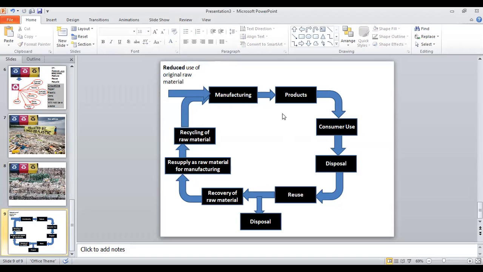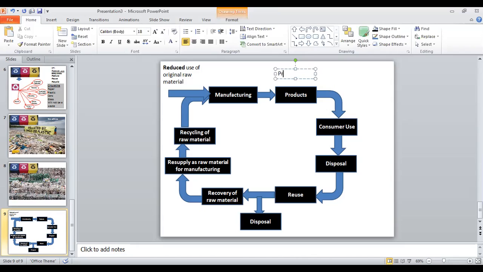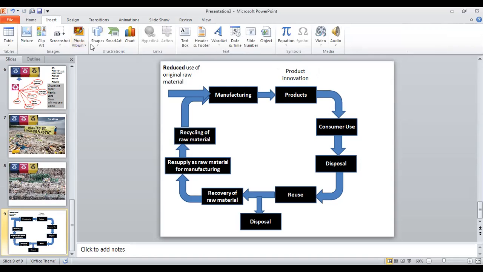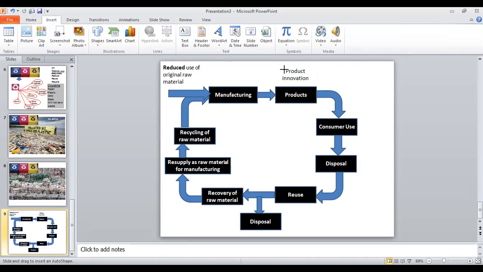One practice. So sometimes product innovations can also lead to reduced use of raw material.